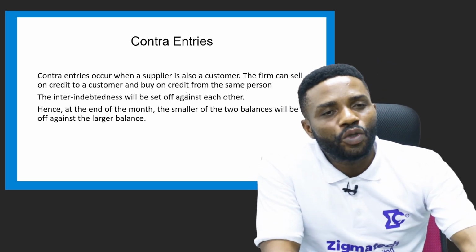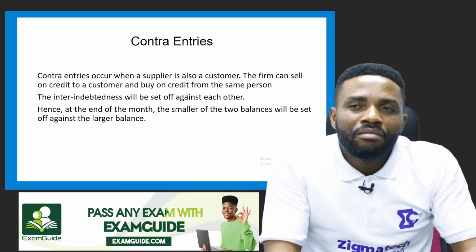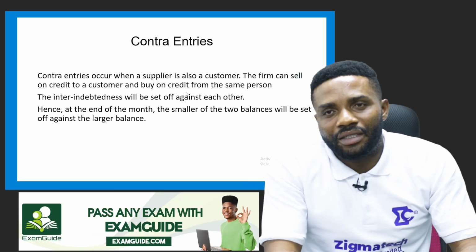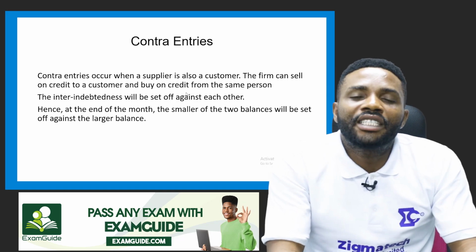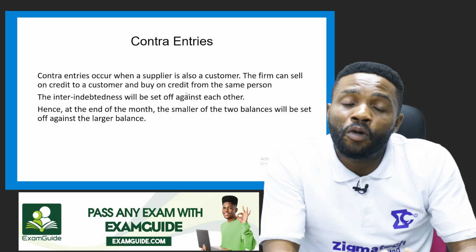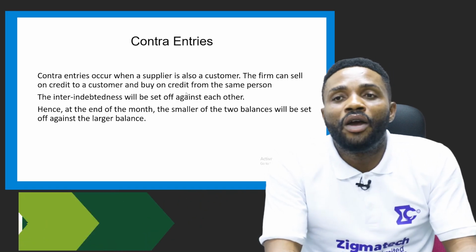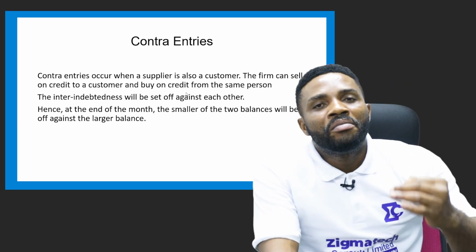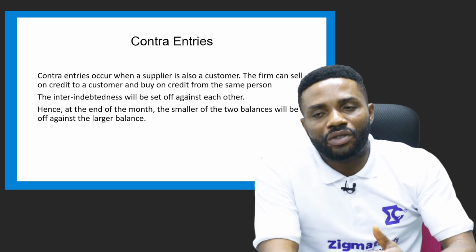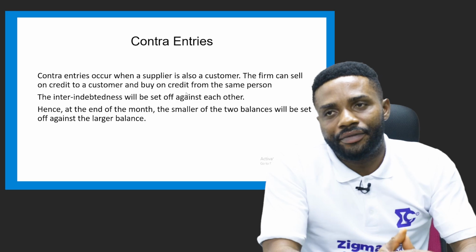Peterson comes to buy 200 bags of cement on credit from us. Let's assume one bag is about 100,000, so about 2 million. Now, Peterson is owing us, the business, 2 million.